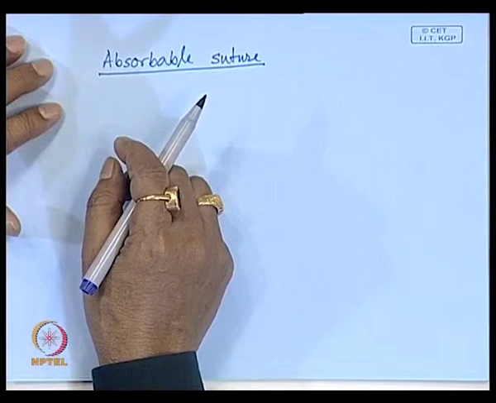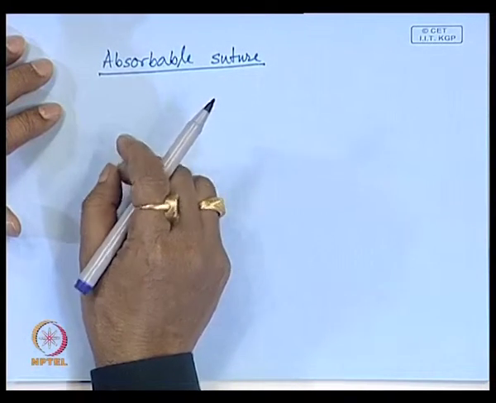Absorbable suture means when those suture threads are used for stitching after surgery or for the purpose of healing a wound, it comes in contact with the body fluid. Now, if it is a non-absorbable, non-biodegradable suture, after wound healing there is a necessity of removing that suture thread from the body. That is a painful affair.